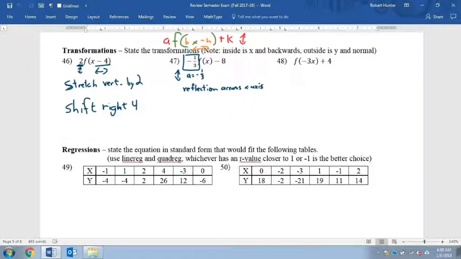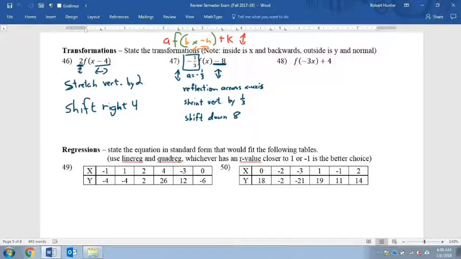Yes, I'm moving in the y direction, but I'm going across the x-axis. Because if you multiply by 1/3, you're getting smaller, so it is a shrink. The direction is up and down, so that's vertical by 1/3. And last but not least, you get a negative 8 on the outside, so that's also up and down. So that's a shift. It goes the direction I think it would, so down 8.